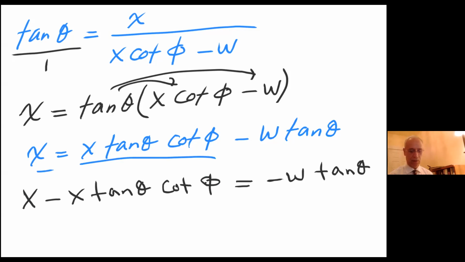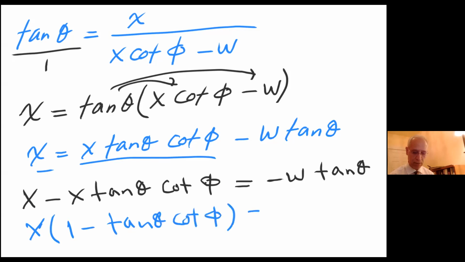Now I'm going to go ahead and factor the x out. On the left-hand side, I get x times 1 minus tangent of theta cotangent of phi equals minus w tangent of theta. Now I'm going to divide both sides of this equation by 1 minus tangent theta cotangent of phi.